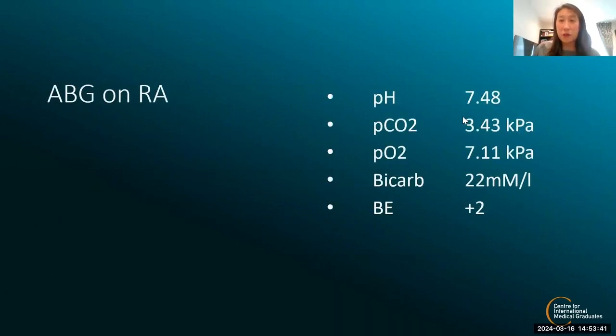This is the blood gas, just for your viewing pleasure. The pH here is 7.48, PCO2 3.4, PO2 is 7, bicarb is 22, and base excess is 2. Any comments on the blood gas? We'll go through blood gases later in the COPD asthma one, but does anyone have any comments now?